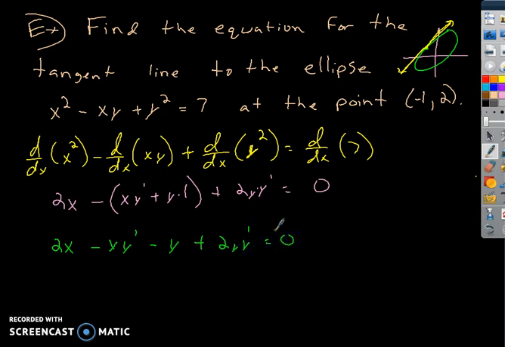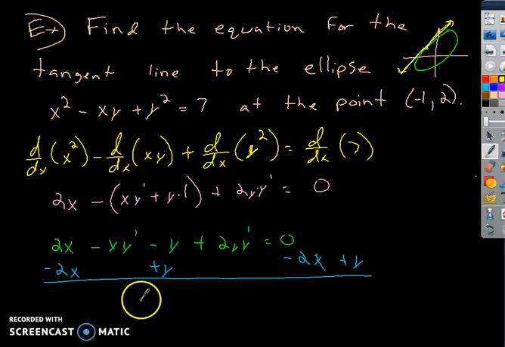To solve this for y prime, you need to isolate the y primes so you can factor out a y prime. So move everything else away. So I'm subtracting 2x from both sides, move it away. I'm going to add the y to both sides, so move it away. Leaving you with negative x y prime plus 2y, y prime equals negative 2x plus y.